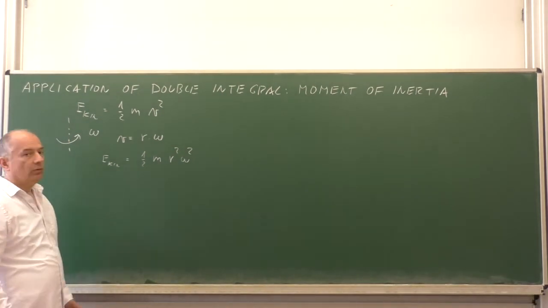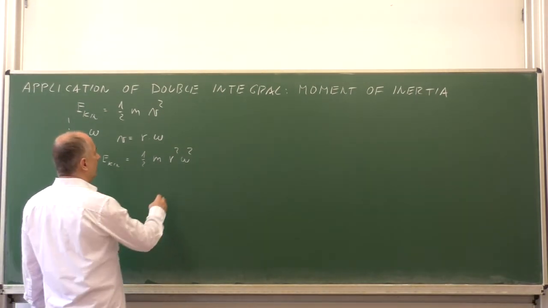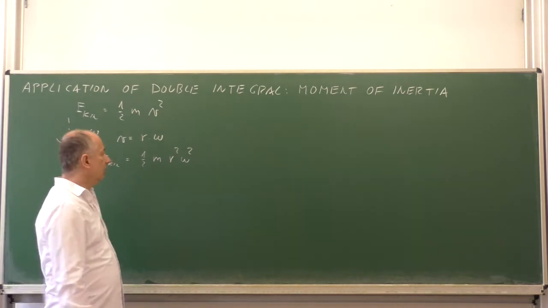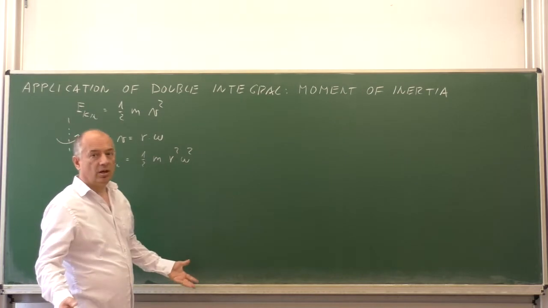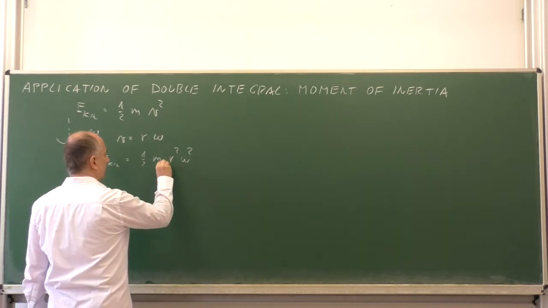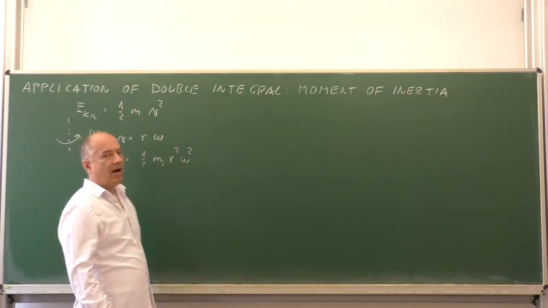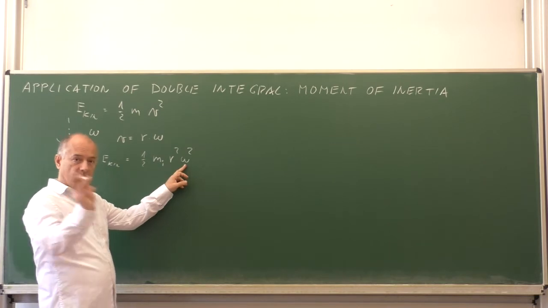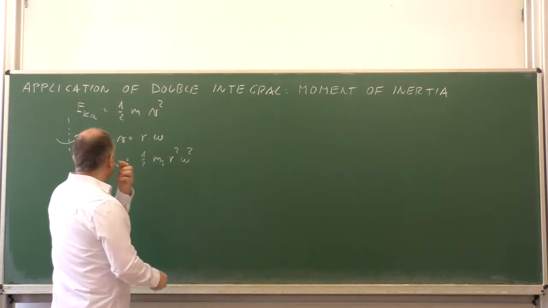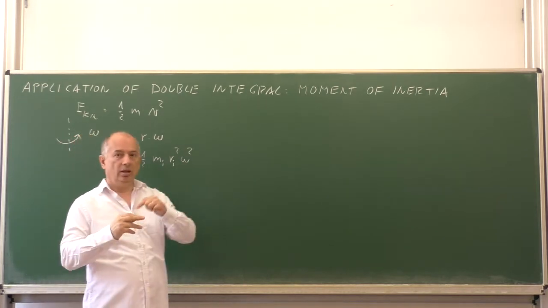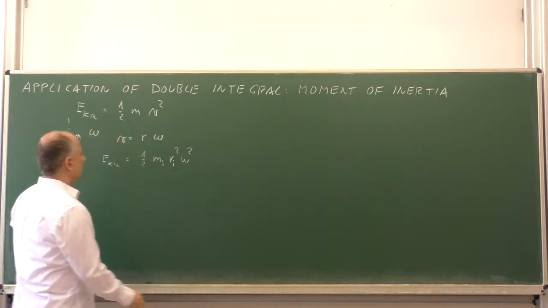If we have more than one point, we can consider point number 1, point number 2, point number 3, in general point number i, and we have m sub i, the mass of the i-th point. Omega is a constant for all the points in this solid, but r depends on the point, how far it is from the axis of rotation.